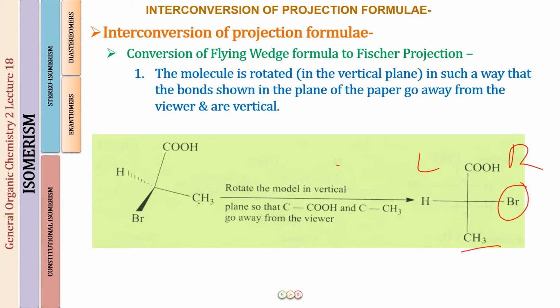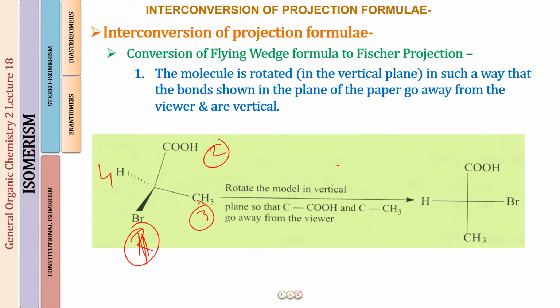Okay, so if you have not yet studied the RS configuration, you will be doing that when you study the lectures on optical isomerism. If you have done that already, you know how to find out the RS configuration of chiral molecules. So let me tell you quickly what the configuration of this molecule is going to be. Going by the atomic numbers, bromine is going to be group number 1, COH will be 2, CH3 will be 3, hydrogen will be 4.